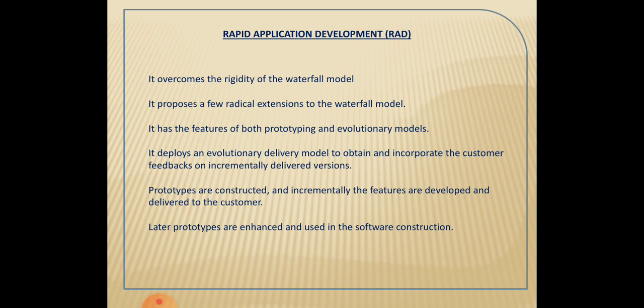It attempts to overcome the shortcomings of the waterfall models and its iterations, because we know the classical waterfall model as well as its iterations has its own shortcomings. That means it is difficult to accommodate customer change requests. Once a phase is exited, it cannot be reworked, and it is the major shortcoming of the classical waterfall model.